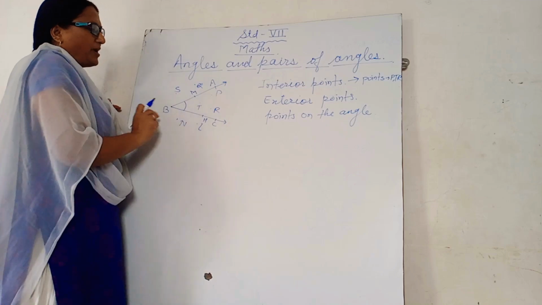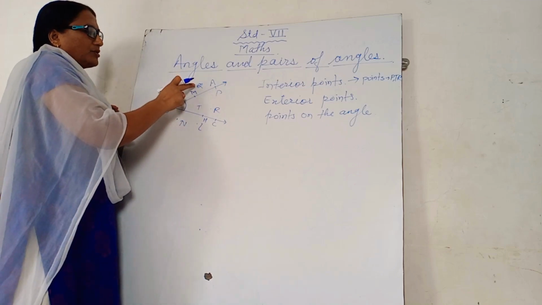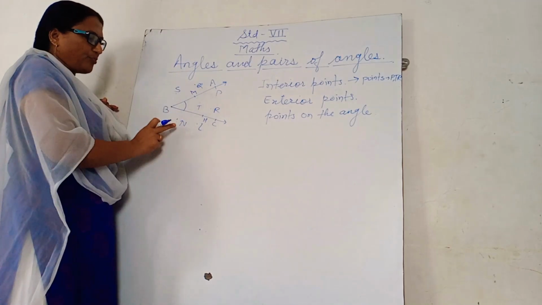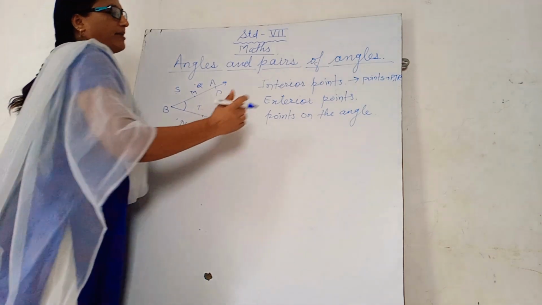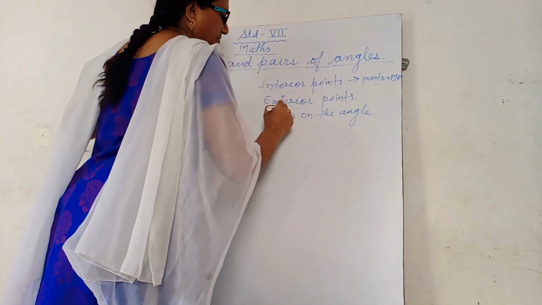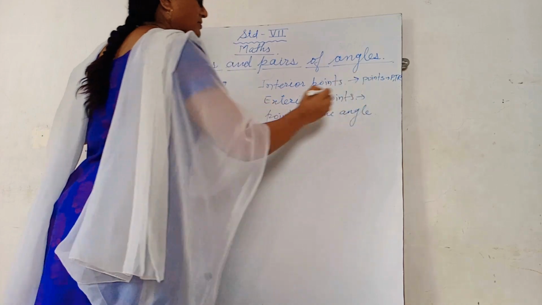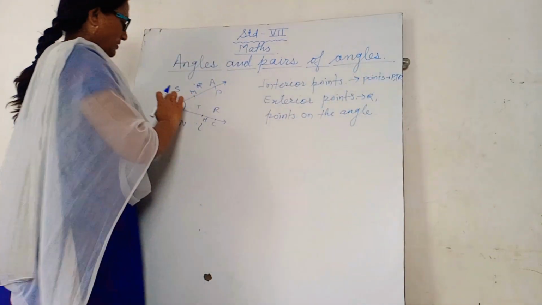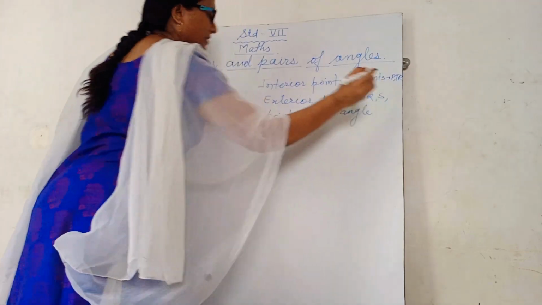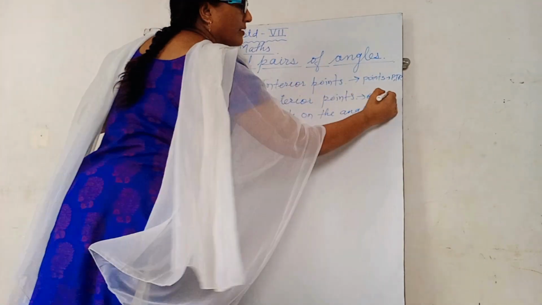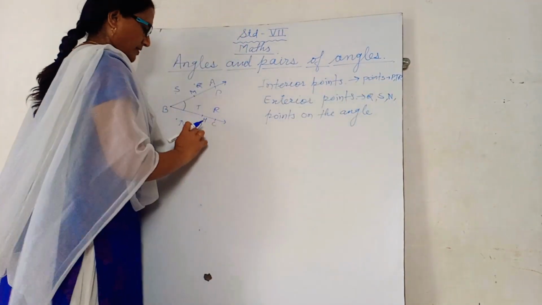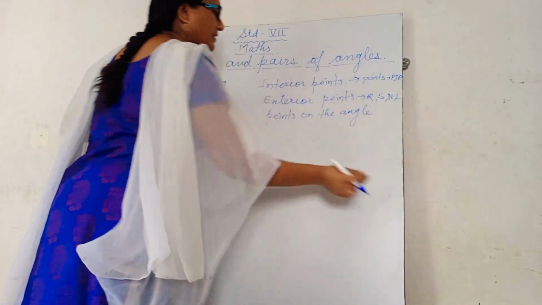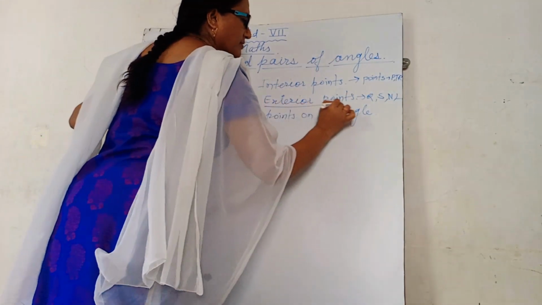And exterior points: point Q, point S, point N and point L. Q, then S, then N and L are the exterior points.